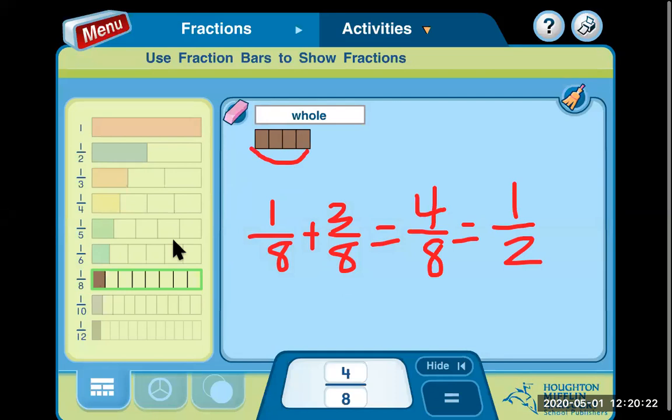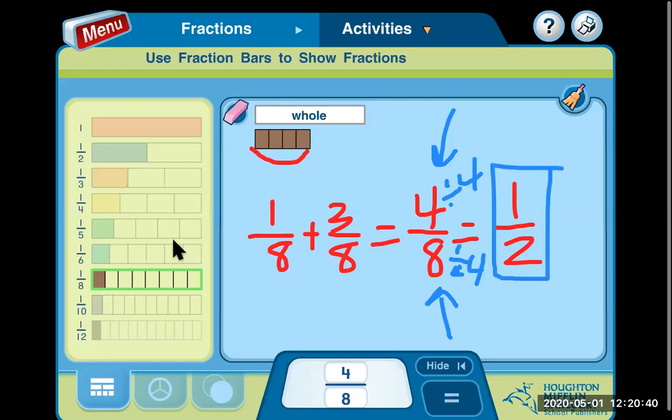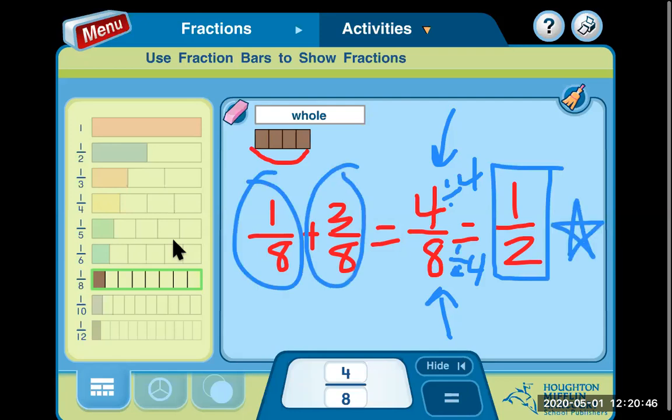We're looking for a common factor for the numerator and the denominator. A common factor for 4 and 8 would be 4. So we could divide both the numerator and denominator by 4, and we end up with 1/2. So the sum of 1/8 and 3/8 gives us 1/2.